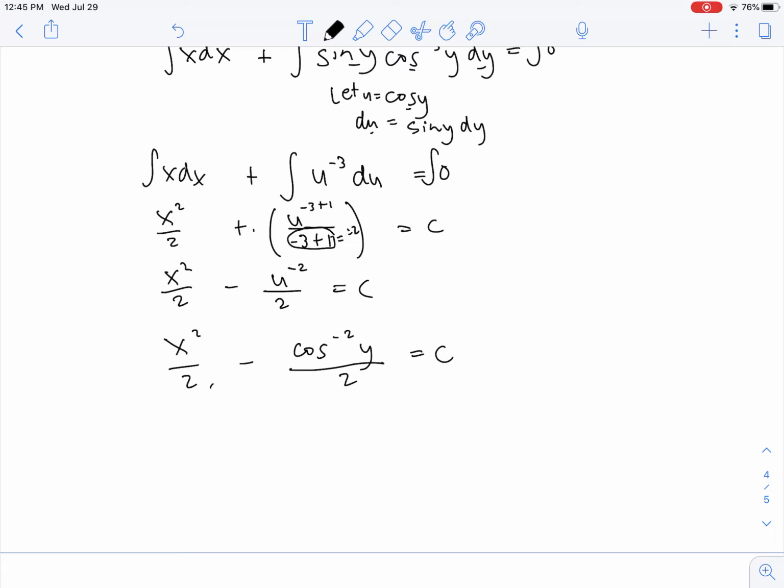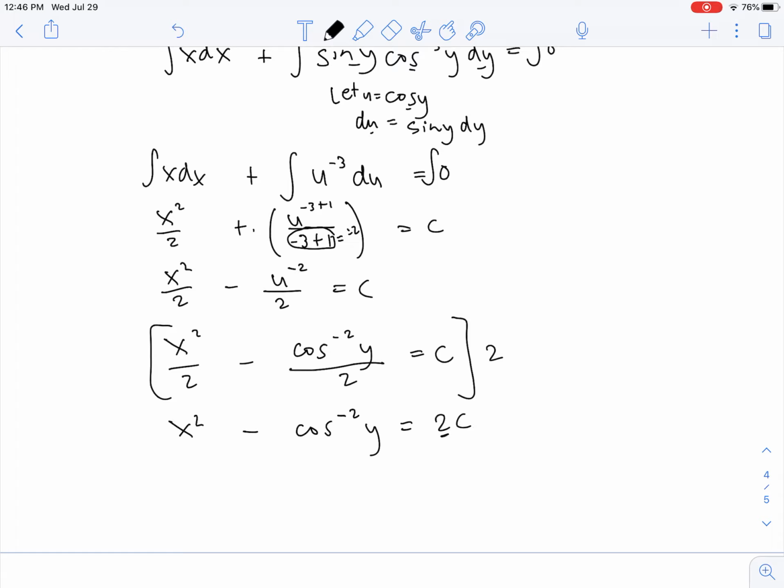Diba naman siya divide by 2 on both sides. So itong buhaton ato nang ngawaon para wala tayo fractions. This is done by multiplying both sides by 2. Okay, so this now becomes x squared minus cosine raised to negative 2y is equals to 2c.